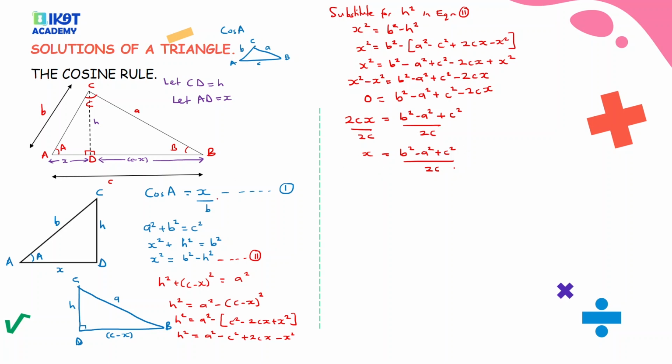So we can just substitute this into equation 1. So we're going to substitute this x into this equation. Our initial equation 1 was cos A is equals to x out of b.